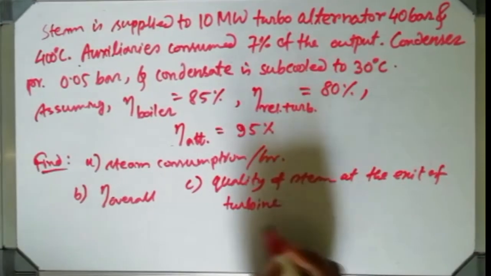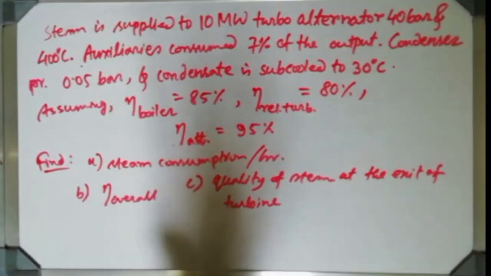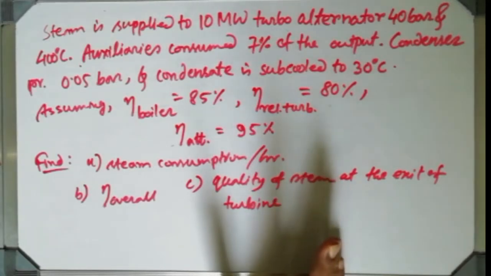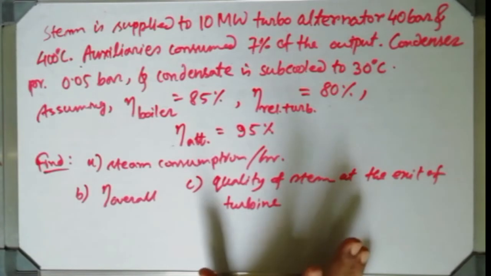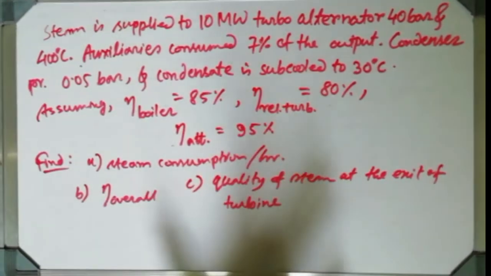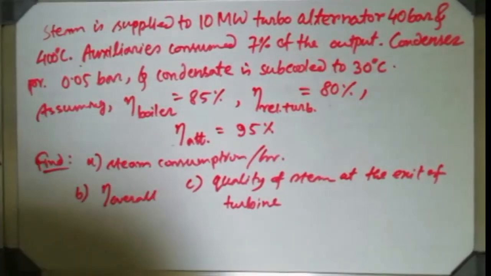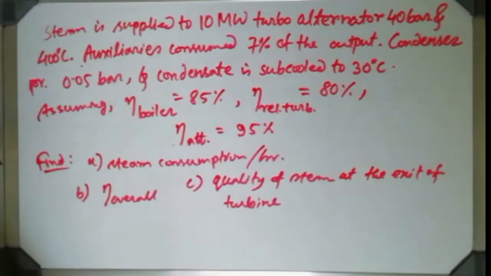While the turbine output is coming, obviously some amount of steam will be converted into water due to the expansion process. That is why the output of the turbine is moist steam, so some moisture is there. This is the whole problem, and it comes from a previous year question. It may be 2012. You can find it in your question bank.